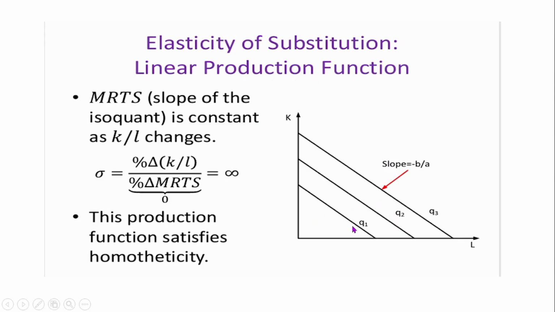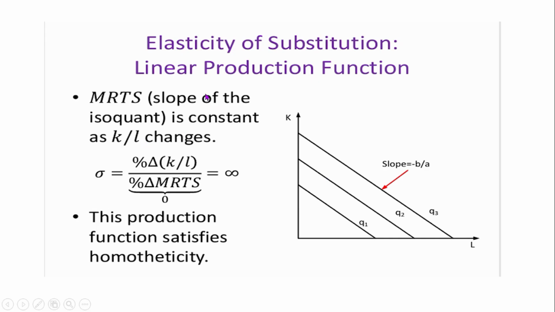Each isoquant contains the same output at every point. That means Q1 is the same production along all possible points, and in Q2 all possible points represent the same amount.